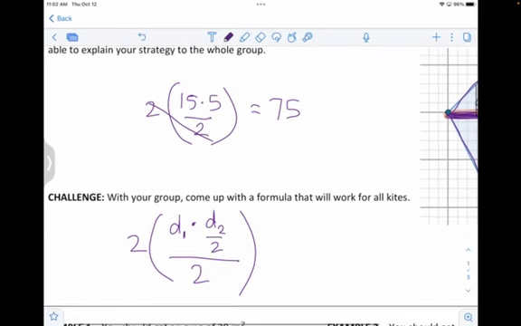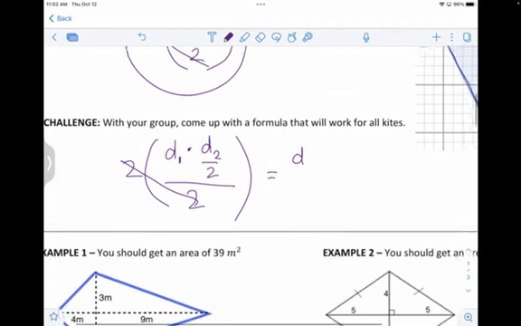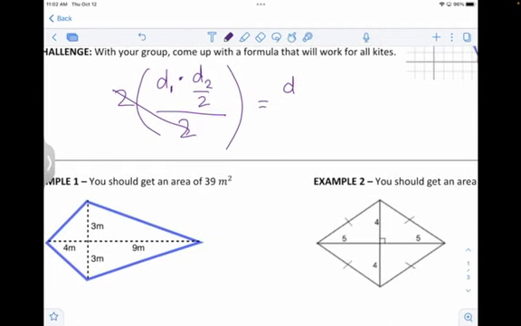So I'm taking what we did here, and instead of the numbers, I'm putting in what they represent. The 15 represented the first diagonal, the 5 represented half of the second diagonal. Then these cancel out, so now all we're left with is D1 times D2 over 2.